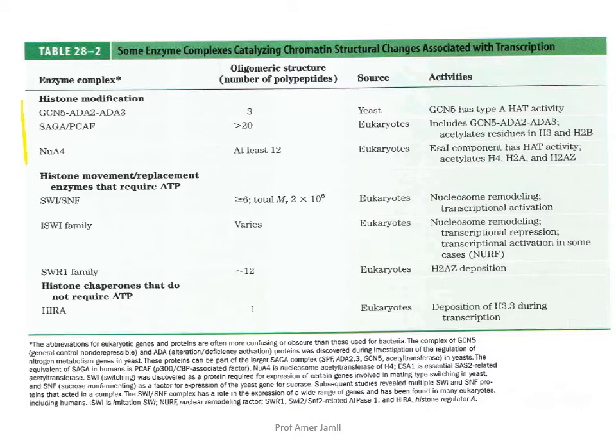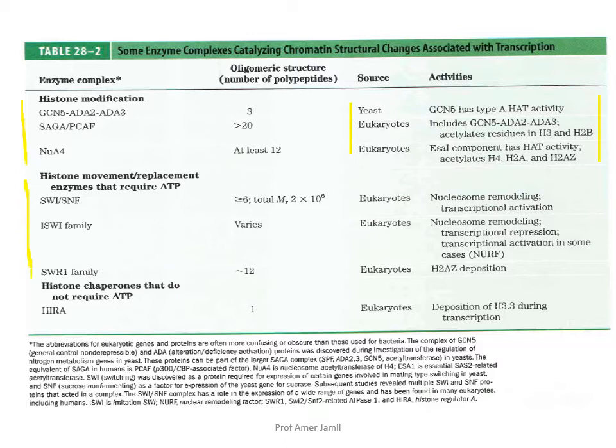And these are the sources like yeast and other eukaryotes, and these are their activities. Their names, there is no such classical classification of these names. They are given arbitrarily. Then there are histone movement replacement enzymes that require ATP.